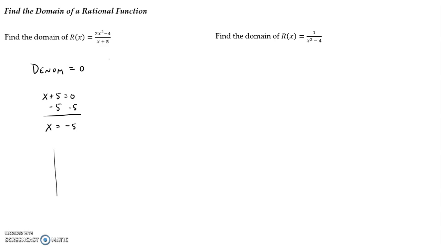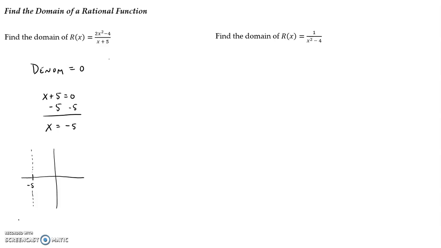If I give a little mini sketch here of what our graph would look like, this x equals negative 5 piece, right? This is an x value we're not allowed to use, and our graph is going to appear on the left-hand side and somewhere on the right-hand side of that.